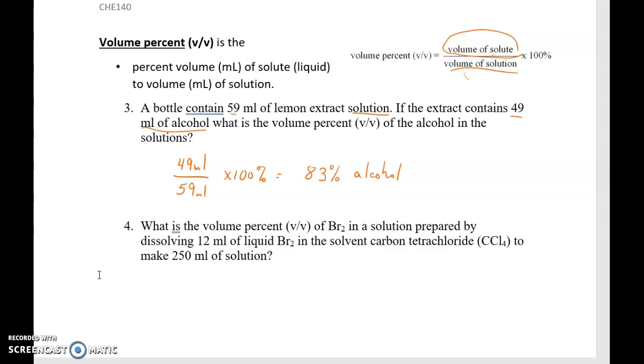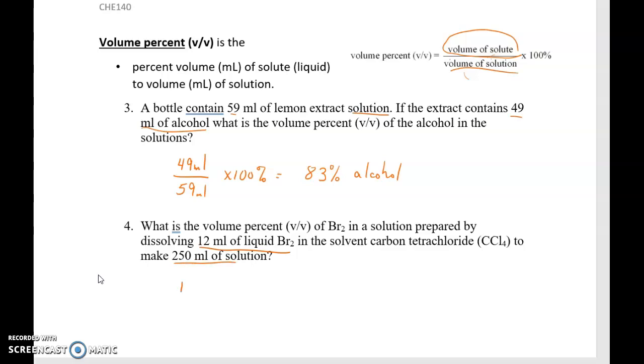What is the volume percent of bromine in a solution prepared by dissolving 12 milliliters of liquid bromine in a solvent, carbon tetrachloride, to make 250 milliliters of solution?